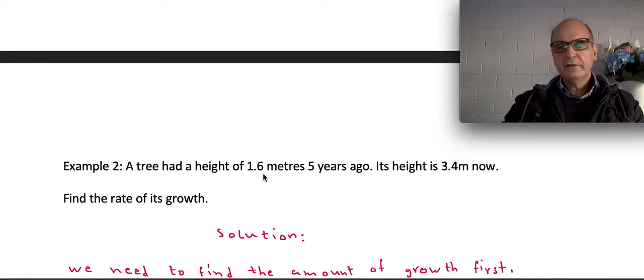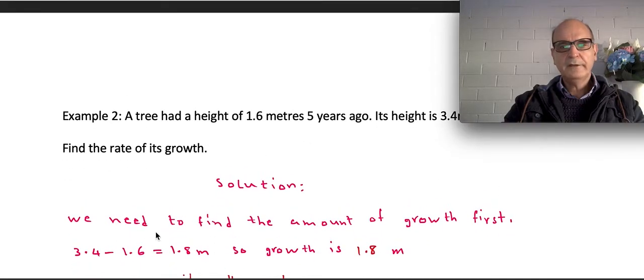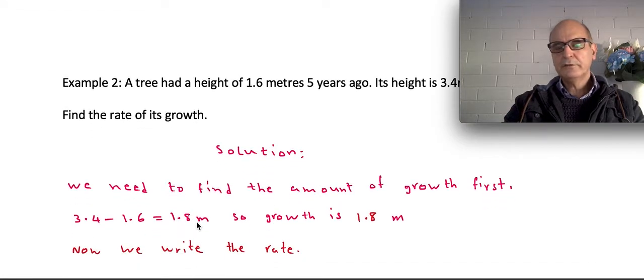But they haven't given us the growth; what we have is the height. So what was the height at the start of the 5 years? What is the height at the end of the 5 years? So we need to subtract them to find the growth. So 3.4 minus 1.6 gives us 1.8. So the growth is 1.8 meters.